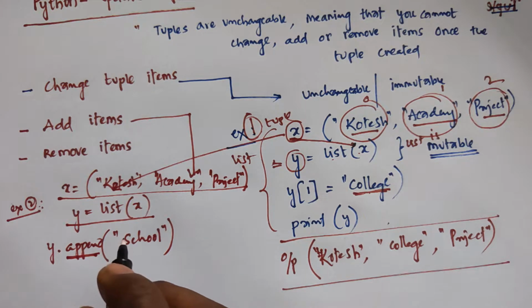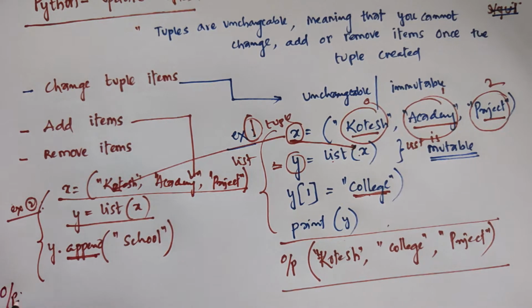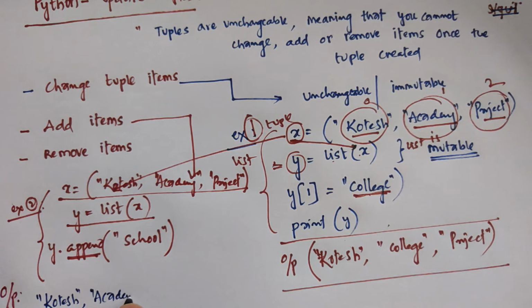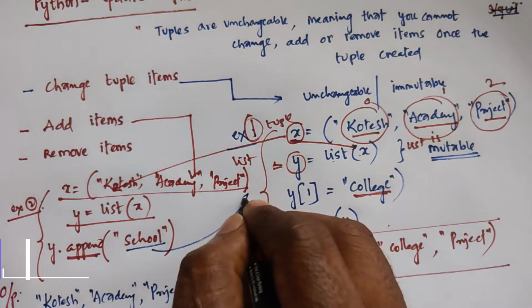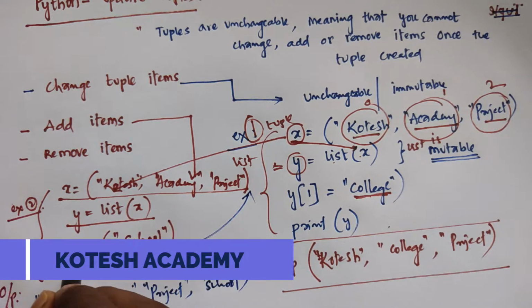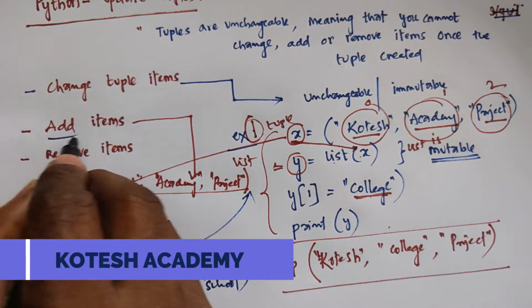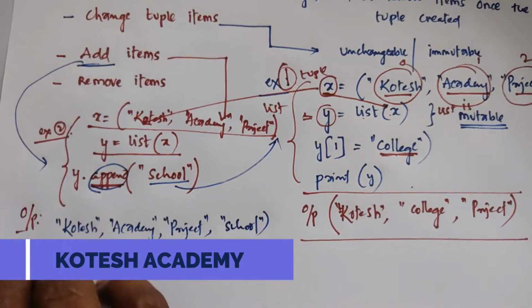After execution we will get the result: quotation, next academy, next project. At the end of this we are adding that value, school. That is the meaning of append. Append is nothing but inserting the data.